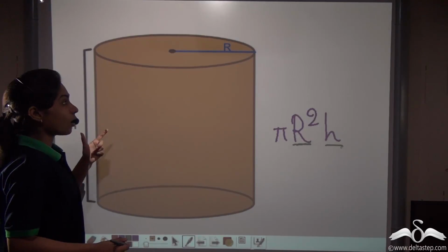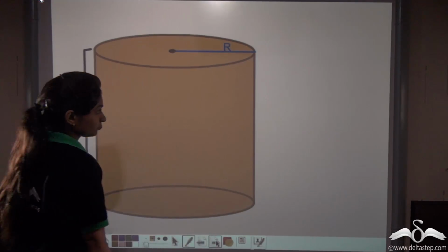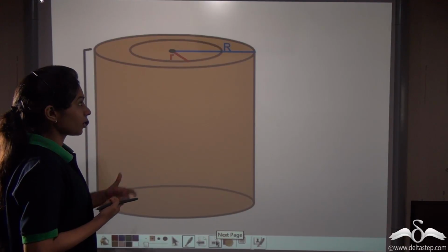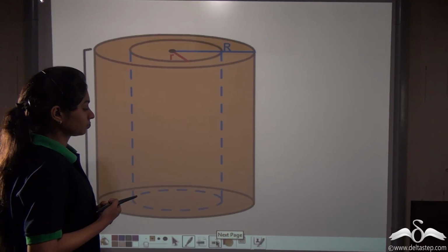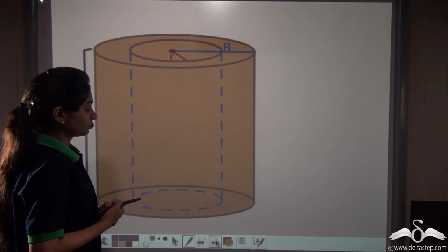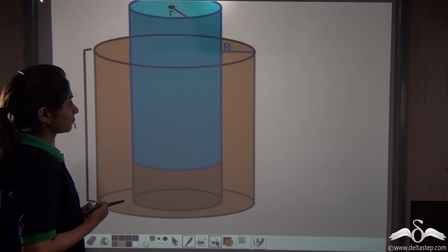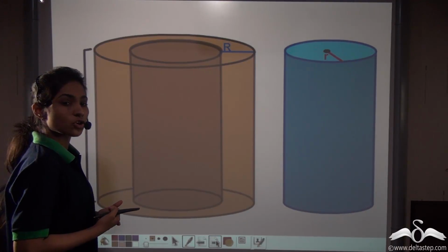Now let us see how a hollow cylinder is made from this solid cylinder. A small radius is taken, that is the internal radius. Now you can see how we have made a hollow cylinder from a solid cylinder.